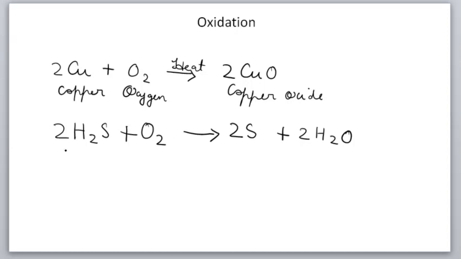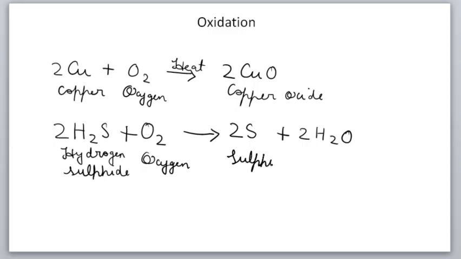So this is hydrogen sulfide, oxygen and sulfur and water. So this is another oxidation reaction, and from this equation we can conclude that oxidation is a process in which hydrogen is removed from a substance.